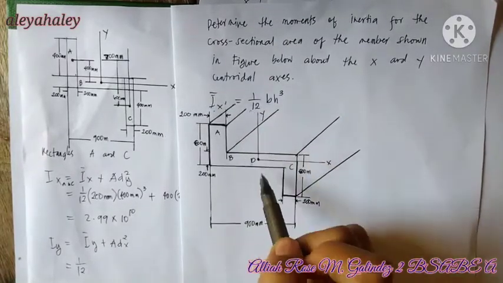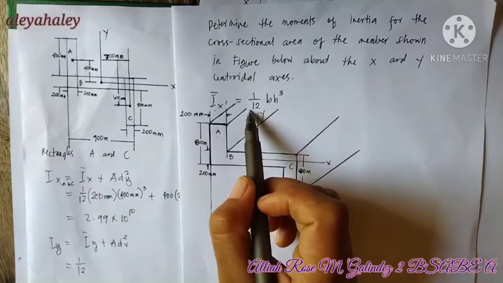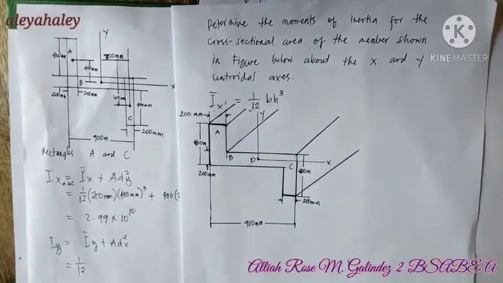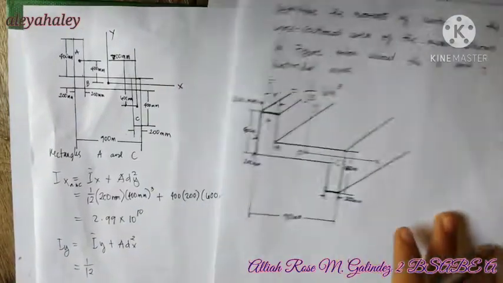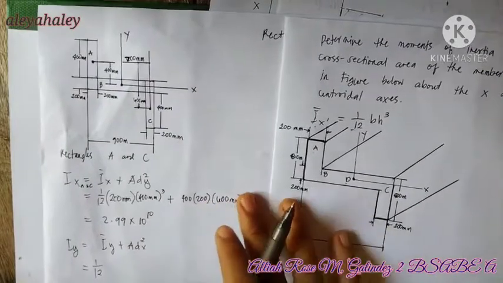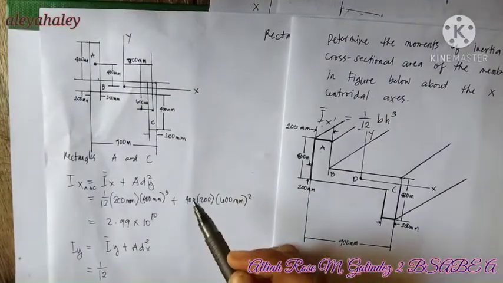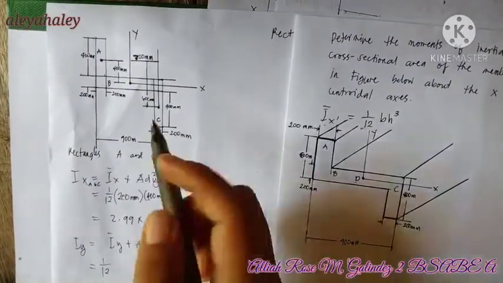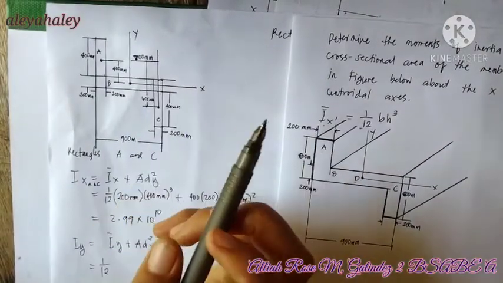Since these are rectangular areas, we have 1 over 12 base times height cubed. Showing the diagram of all the measurements, we have this one.